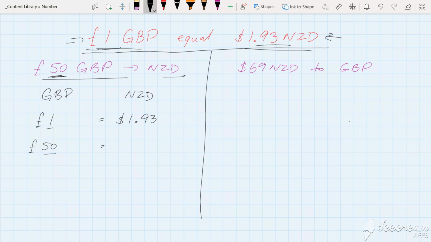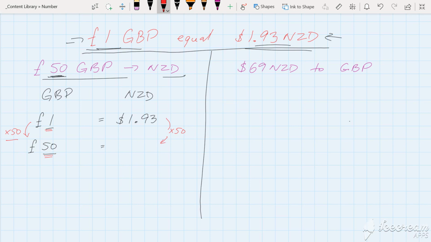So to multiply from 1 to 50, I am going to multiply by 50. So whatever I've done to get from 1 to 50, which is multiply by 50, I need to do to this side of the equation as well.